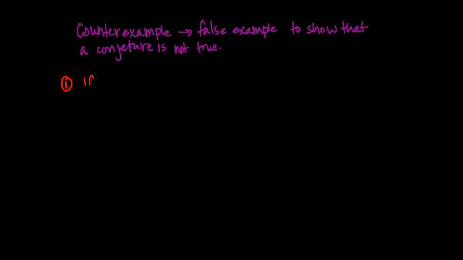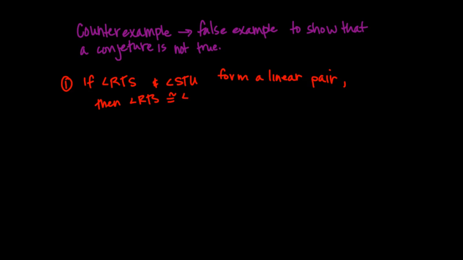This first one: if angle RTS and angle STU form a linear pair, then angle RTS has to be congruent to angle STU. What do you guys think about that?